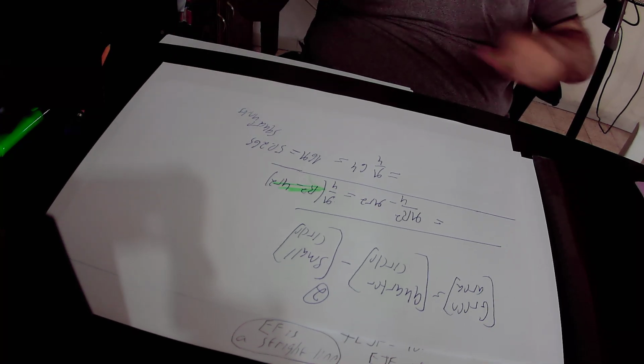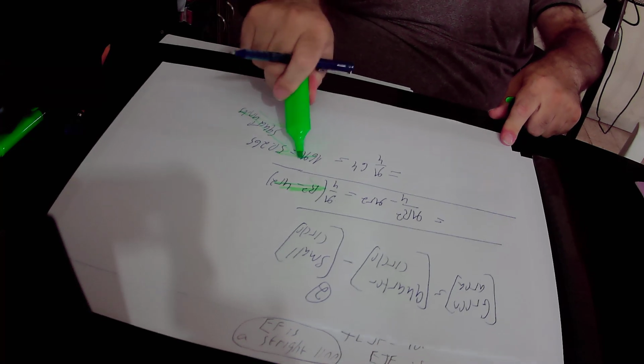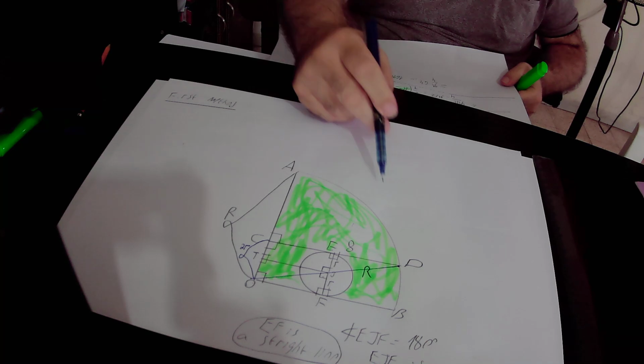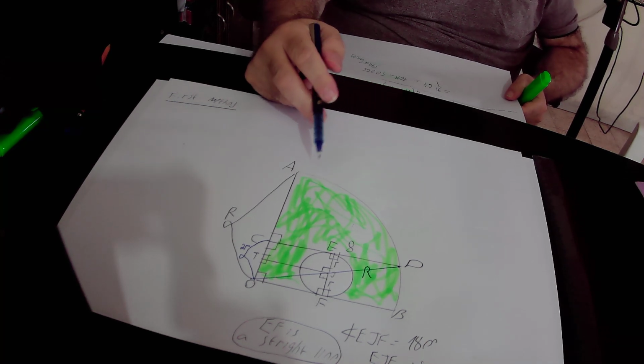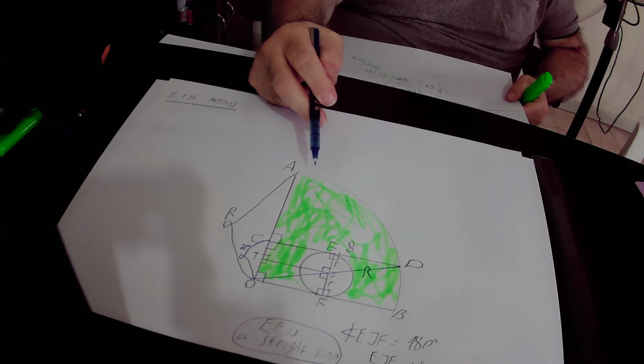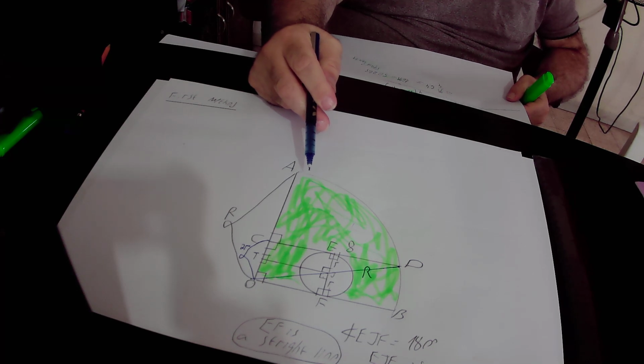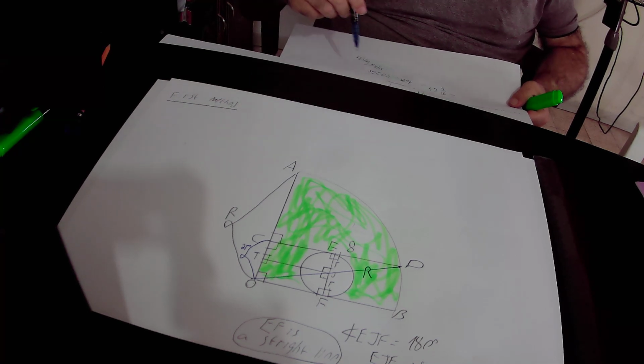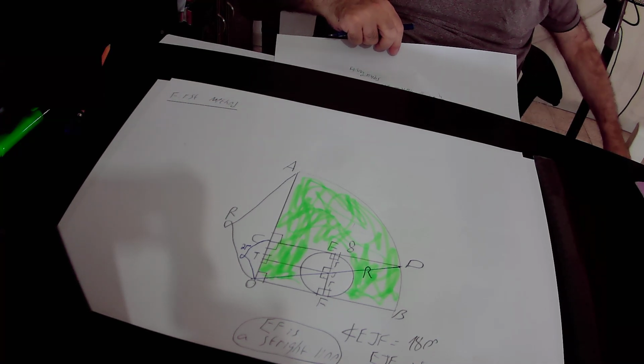So we found out that the value of the green area equals either 16 pi square units, or in terms of numbers, 50.265 square units. We finished with the first method.